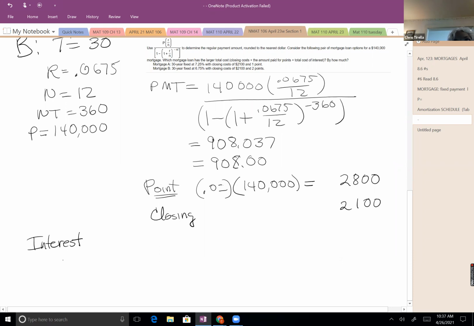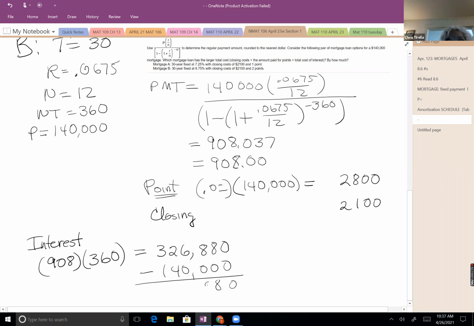we're again going to take our payments and multiply them by that 360, because we are making 360 payments, giving me 326,880. And when I subtract that 140,000, I get that the total of the interest this time is $186,880.